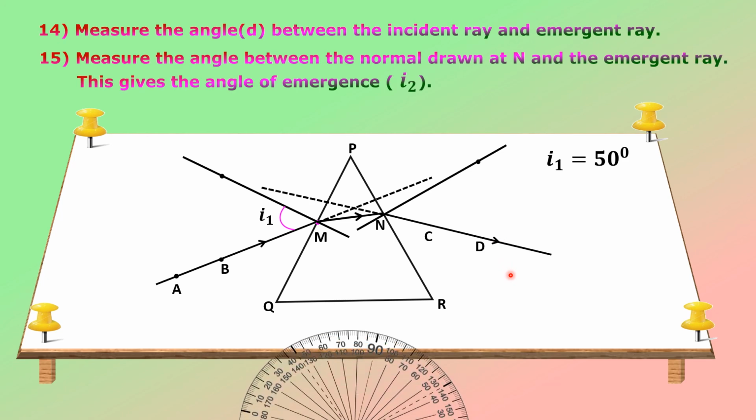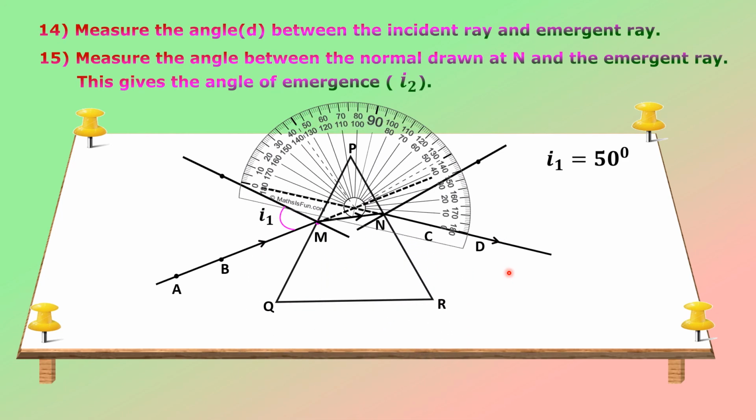That gives the angle of emergence, and this one is the angle of deviation. So it is 36 degrees. In the earlier case, it was 33 degrees. When I1 was 45 degrees, D was 33 degrees. When I1 is 50 degrees, D is 36 degrees.